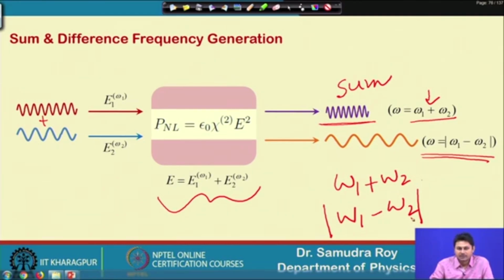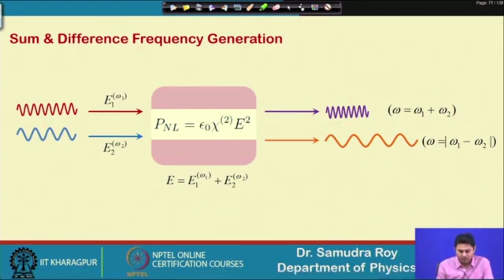It might be omega 1 minus omega 2, it might be omega 2 minus omega 1, but the difference is important. So, that is why I put a mod sign. Since it is a difference, we have a frequency which is much less than the original frequencies. So, omega 1, omega 2 are the two frequencies, omega 1 plus omega 2 is another frequency, and omega 1 minus omega 2 is another frequency.